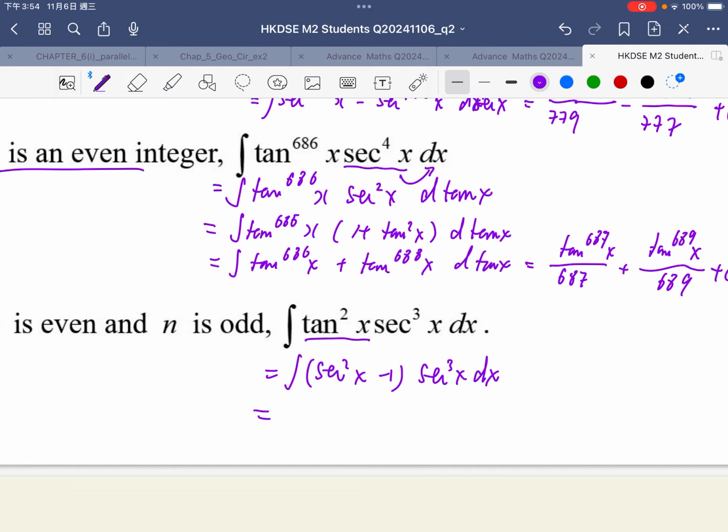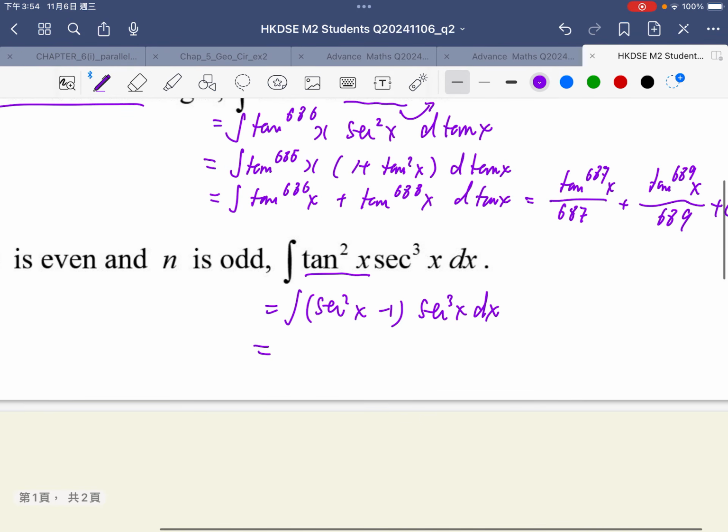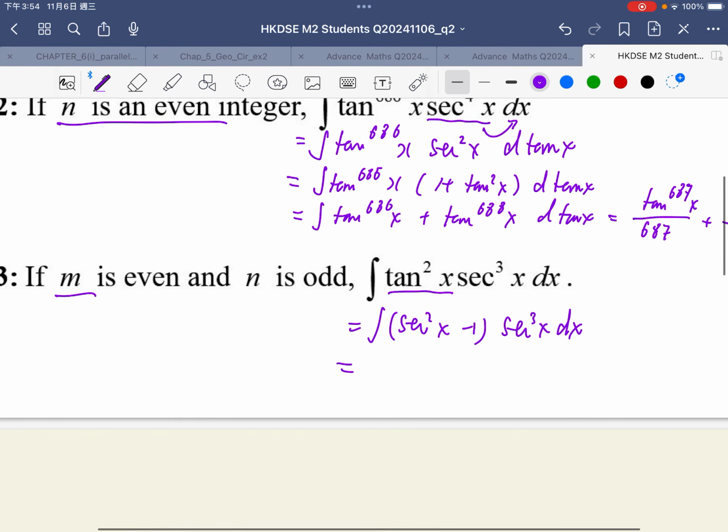Because in this case we cannot put secant tangent dx to become d secant, or even secant square dx to be d tangent. It doesn't work in this case, where m is even and n is odd.